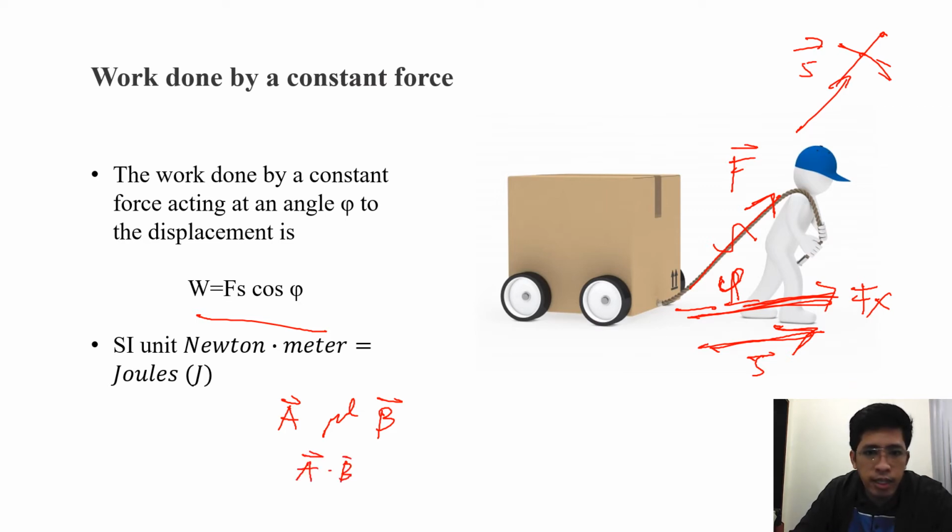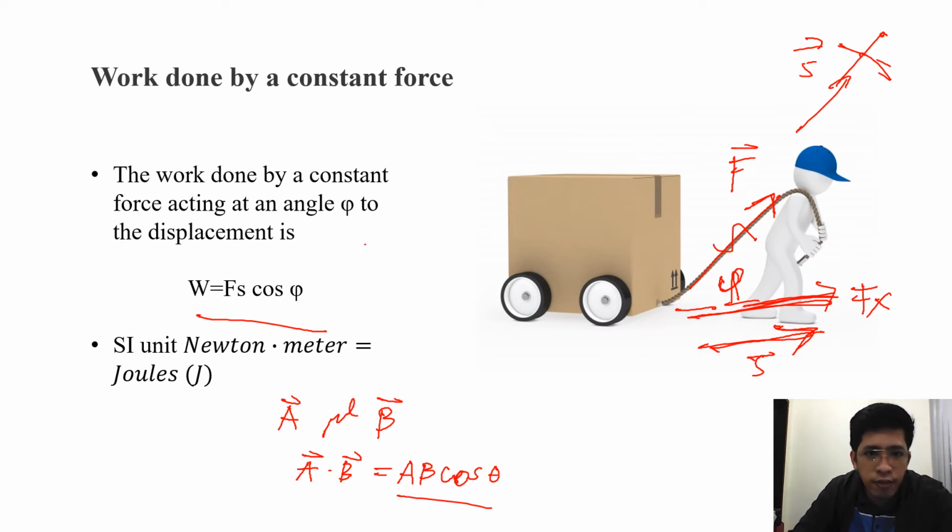A dot B is equal to AB cosine theta, and this looks like your work equation, right?